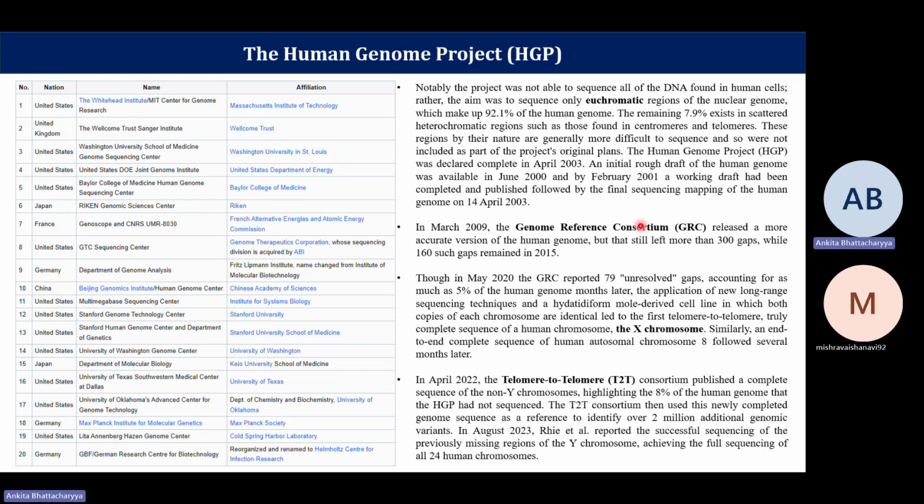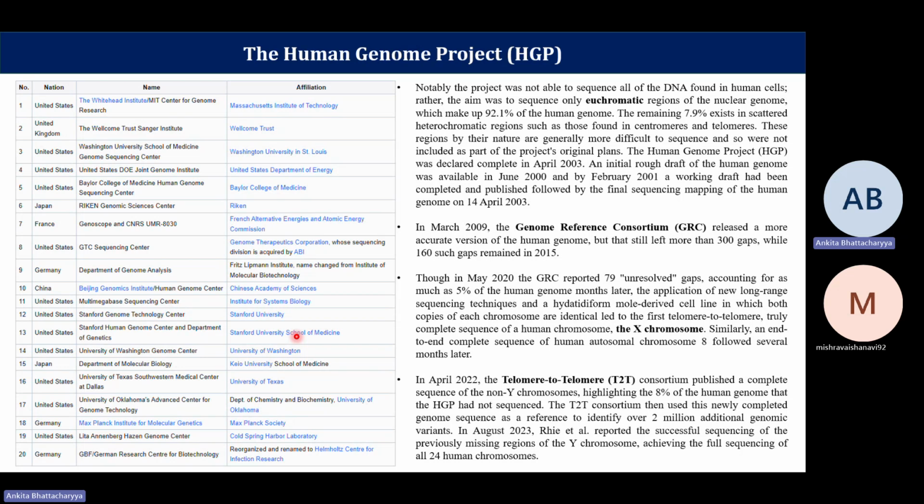So basically, the idea that I wanted to convey here was that the genome sequencing project has not been a straight line. Every couple of years, or sometimes even months, there have been upgrades and more and more information.